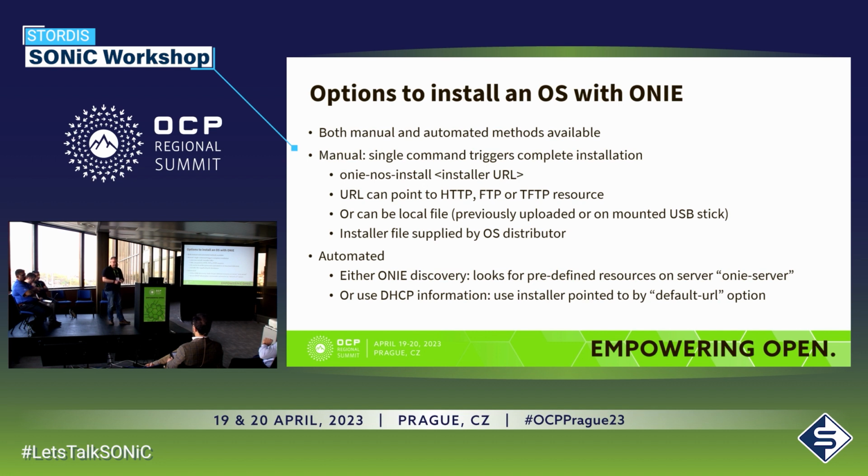Or the more flexible way, and I think most people would use that one, is using DHCP information from your DHCP server. There's a default URL option that you can configure on the DHCP server, and if that is provided to the ONIE switch, then it will use that default URL and retrieve the image file from that URL and start installation from there.